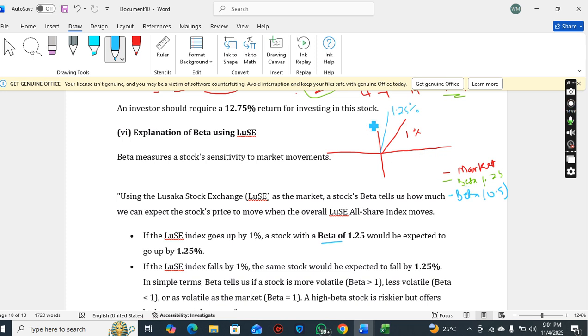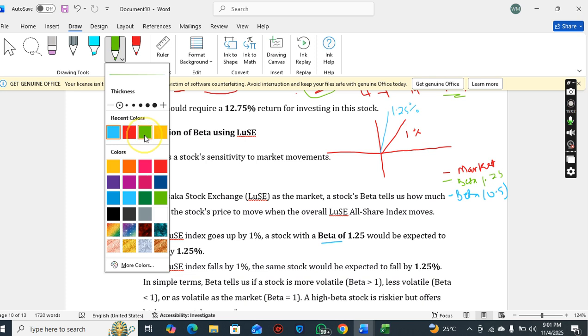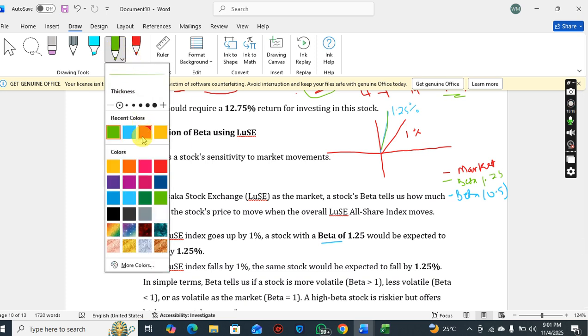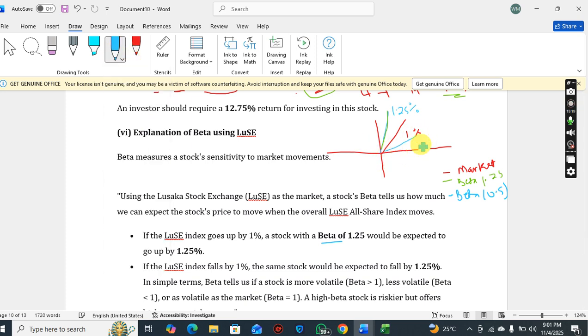If let's say you had a lower beta of 0.8, it means the Osaka index goes up by 1%, yours is just going to go up by 0.8%, which is lower than the stock market.